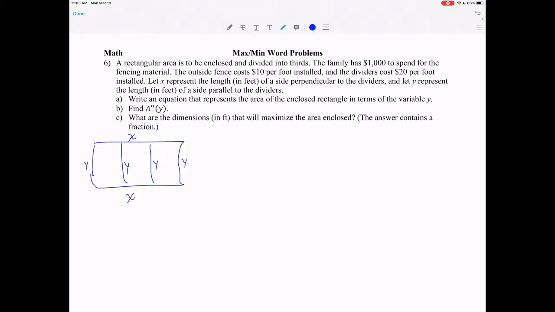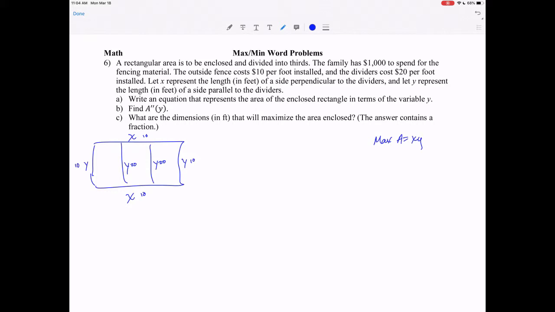The inside portions are $20, and the outsides are all 10. Okay? And it tells us that. We want to maximize the area, which is xy.